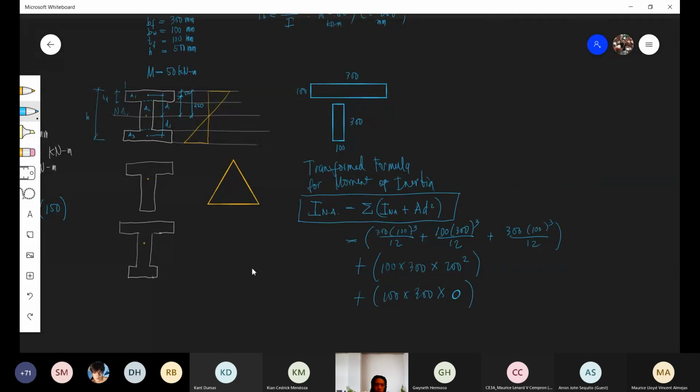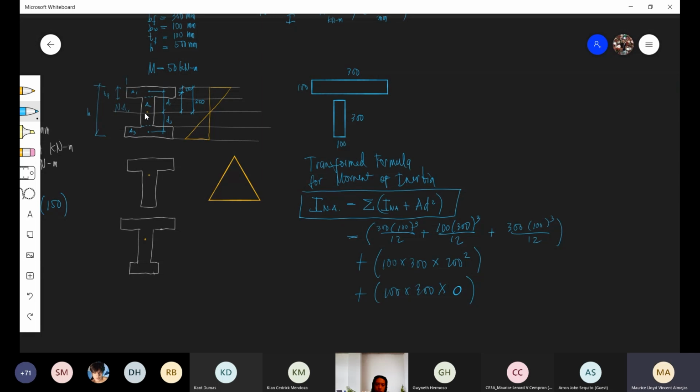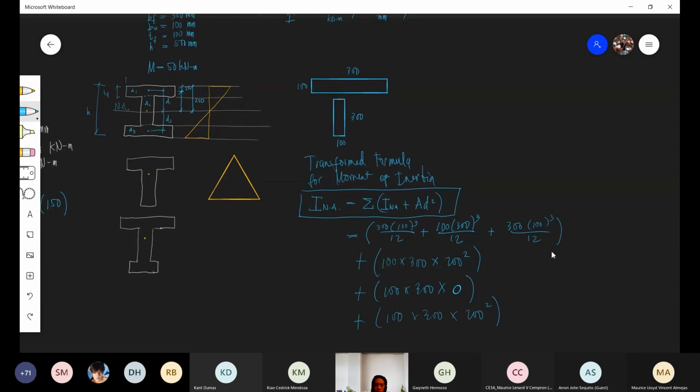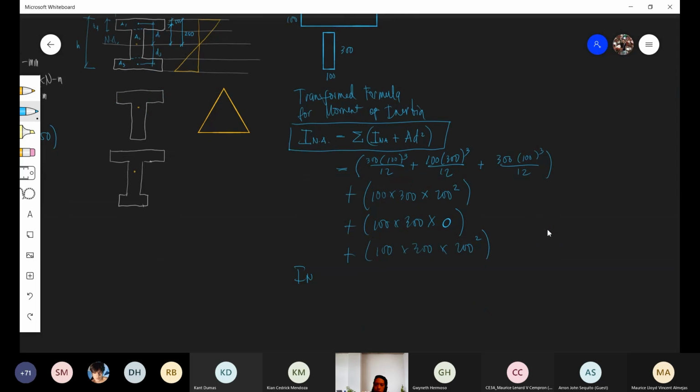So supposedly, dapat wala natin isulat dito, because the centroid of A2 coincides with the centroid of the composite figure. Plus, A3 naman, basically the same. This is 100 times 300 times 200 squared. Di ba? Why not just screenshot every process? Pero I plus AD squared.